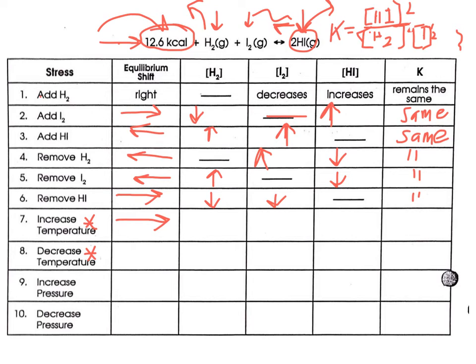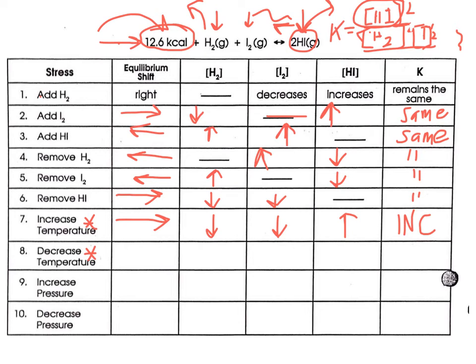If the equilibrium shifts to the right, then H2 will be decreasing, I2 will decrease, HI will increase. And if HI is increasing, that means the numerator is getting larger and the denominator is getting smaller, so the value of K will be increasing.